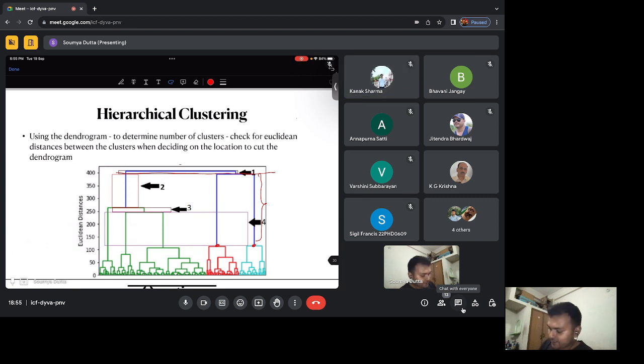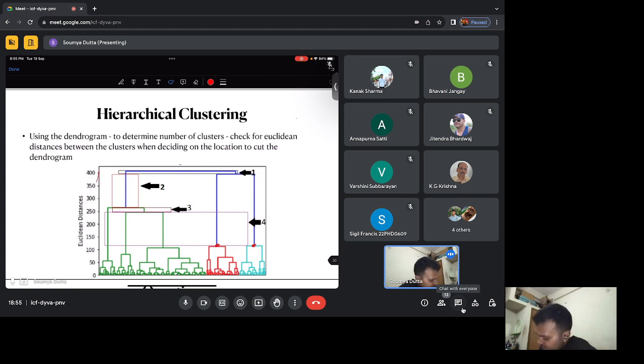Okay, so the explanation which somebody gave, that was very good. See, what is happening is whenever you merge one cluster with the other in the dendrogram, the distance is always plotted on the y-axis.